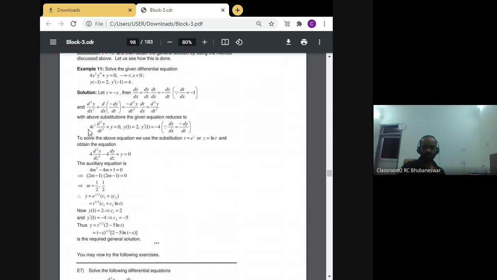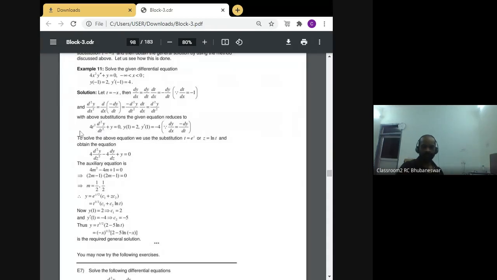Clearly this equation is converted to the proper form of the Euler-Cauchy or Euler differential equation. The first term is 4t square d square y by dt square plus y equals 0. As we have d square y, the second order derivative, and t square, this is the proper form of the Euler differential equation.